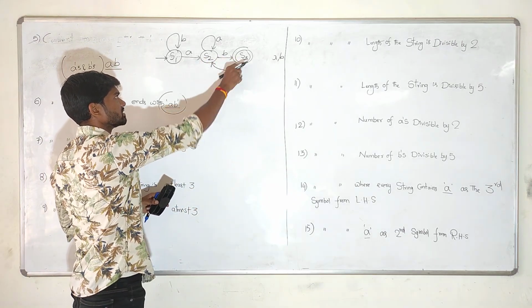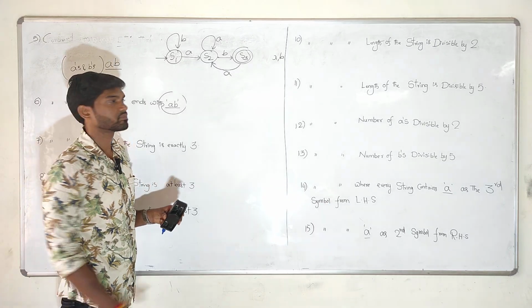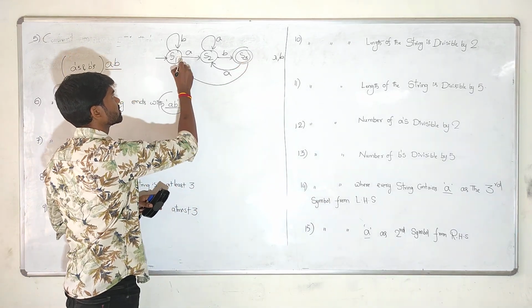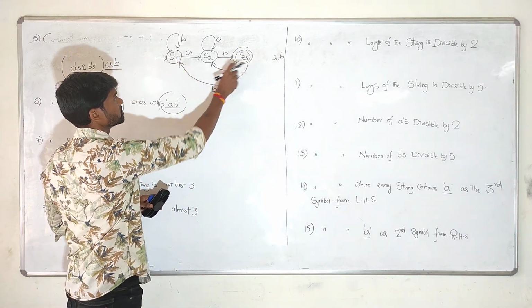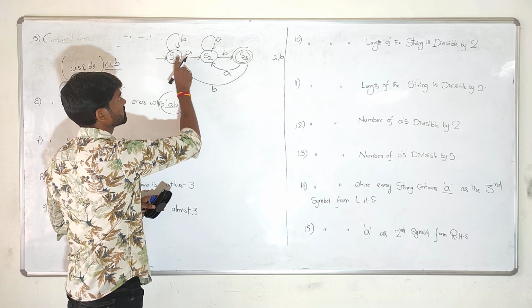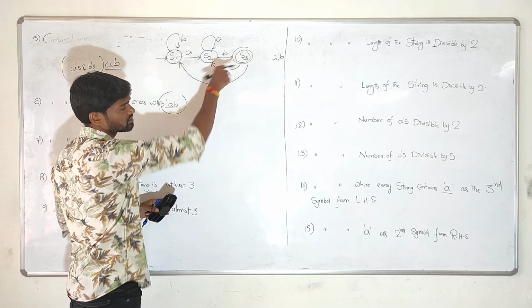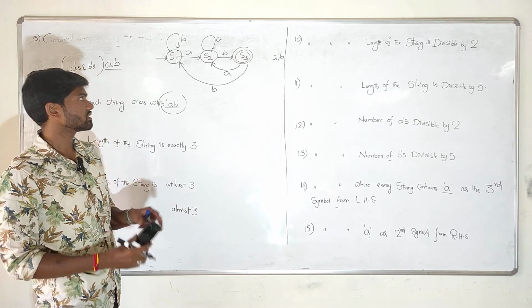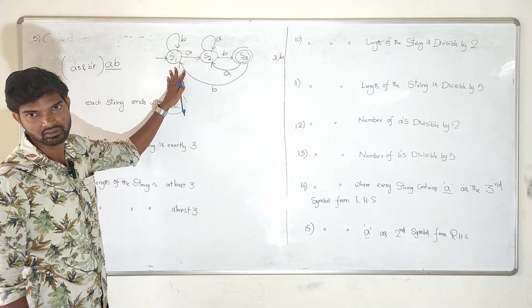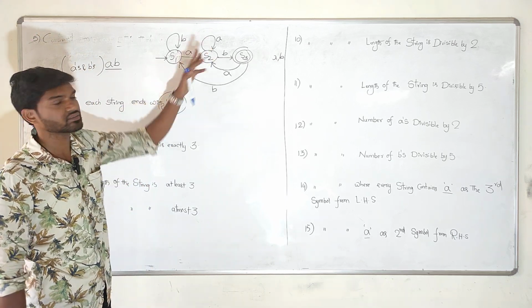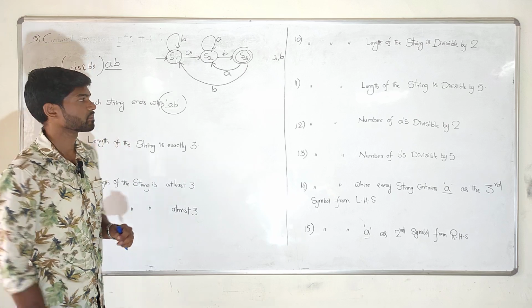A, B, like this, it always ends with AB only. And on S3, if I give input B, like this, AB, B, AB, AB, B, the loop will be repeated. So these are the possibilities for strings that always end with the substring AB.